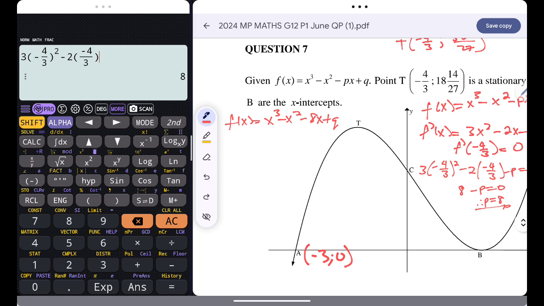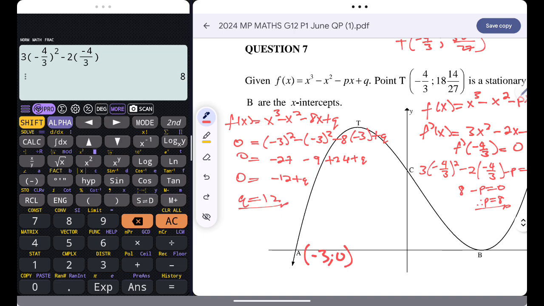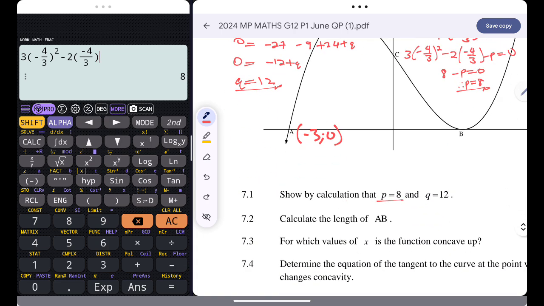I know that y is 0 if and only if x is equal to negative 3. So I'll have 0 equals negative 27 minus 9 plus 24 plus q, then 0 is equal to negative 12 plus q, then q is equal to 12. So I now know that p is 8 and q is 12.